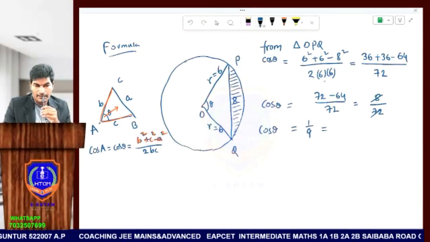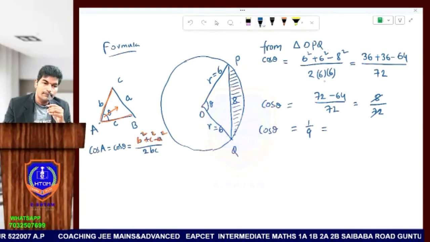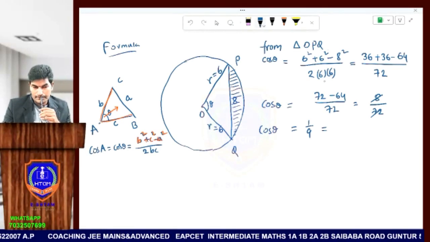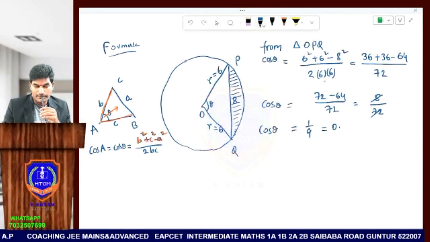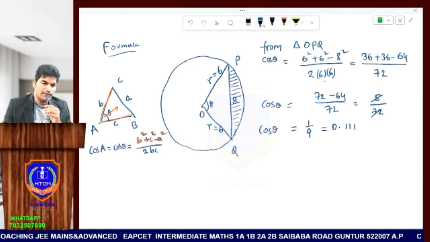Use your calculator to calculate that: 0.111, and so on, with 1 recurring.